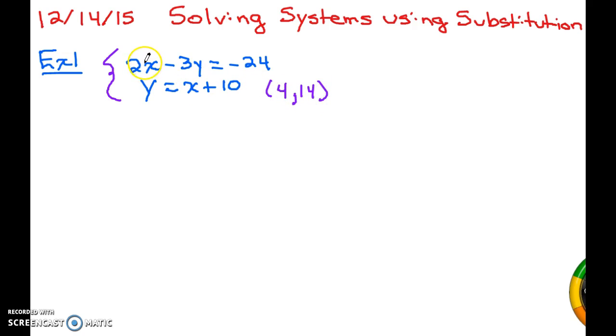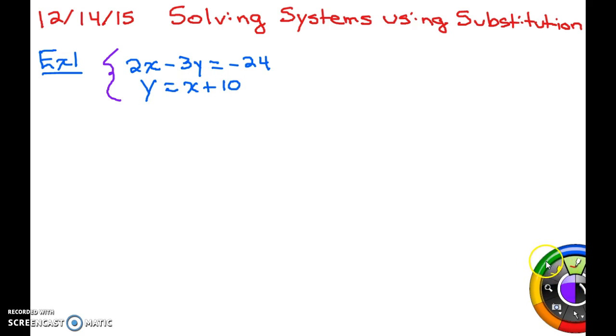But if I plugged in 4 here and 14 here, 2 times 4 minus 3 times 14 would not equal negative 24. I can find lots of answers that work in one of these equations, but not in both. So we're going to try to find the one x and y combination that works in both of these. Now this method is called substitution because we are going to replace or substitute this value right here with what we know it is.